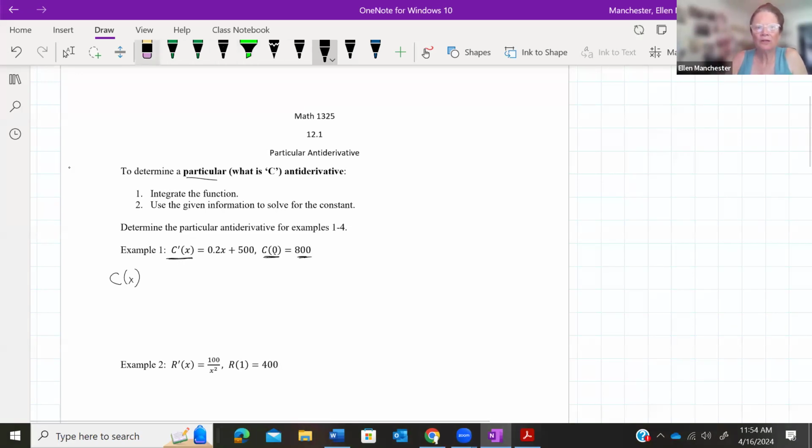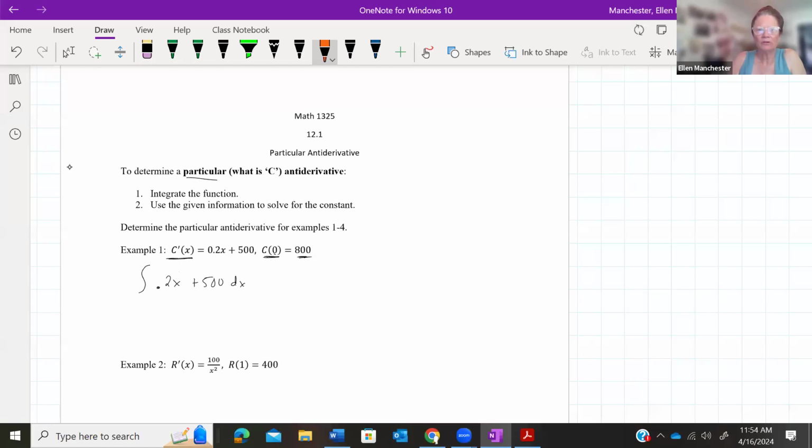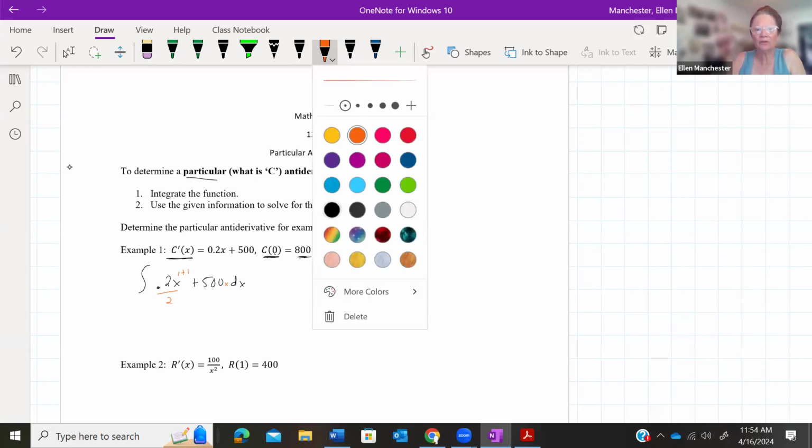Okay, so what we're going to do is we're going to change this. So we're going to find the antiderivative of 0.2x plus 500 in terms of x. Okay, so we're just going to walk through our process. We're going to add 1, divide by our new exponent, and then because it's a constant, we're going to add an x to it.